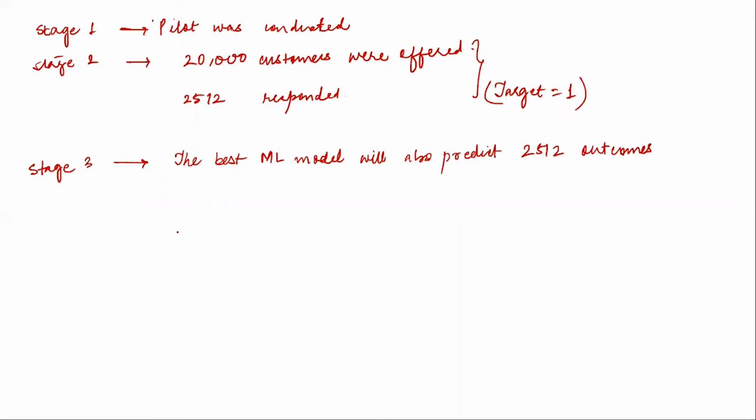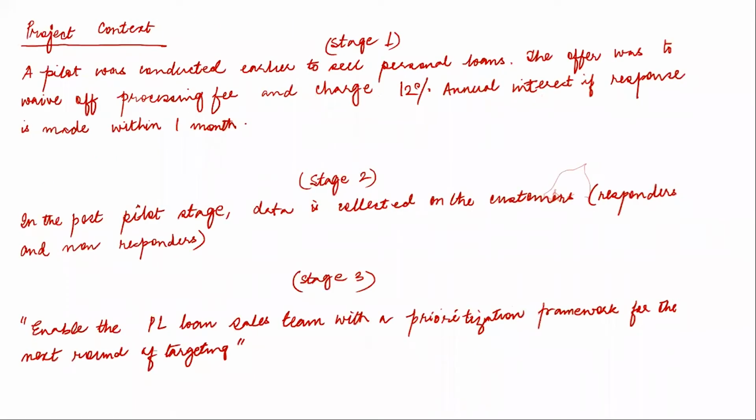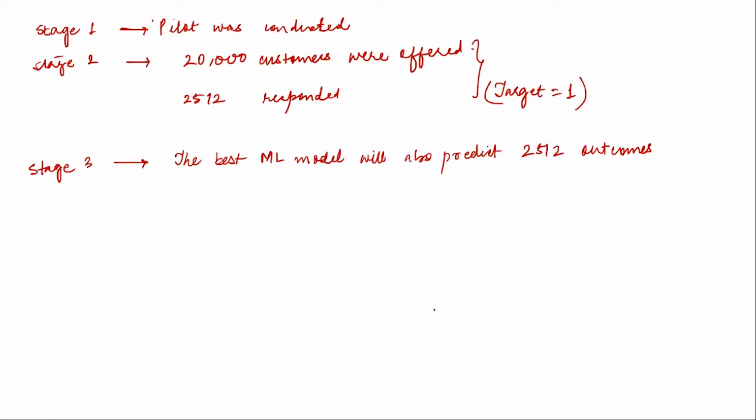But you know that the project champion, be it your VP, SVP, whoever it is, has given you this objective that please give the sales teams some sort of framework for the next round of targeting, right? So what you do is you build an awesome model, and the model is predicting everybody, it has like 100% precision. Okay, so far with me?